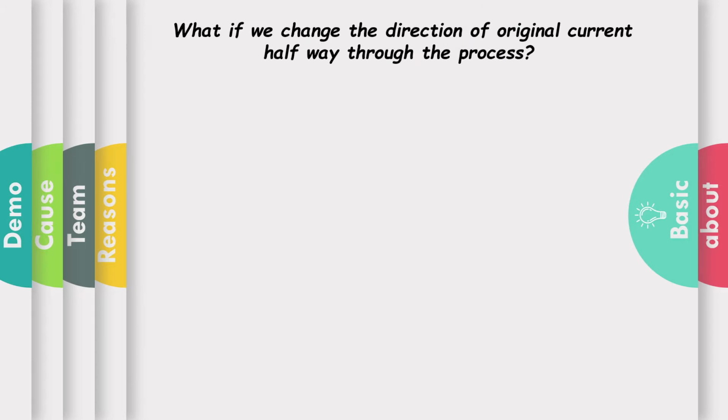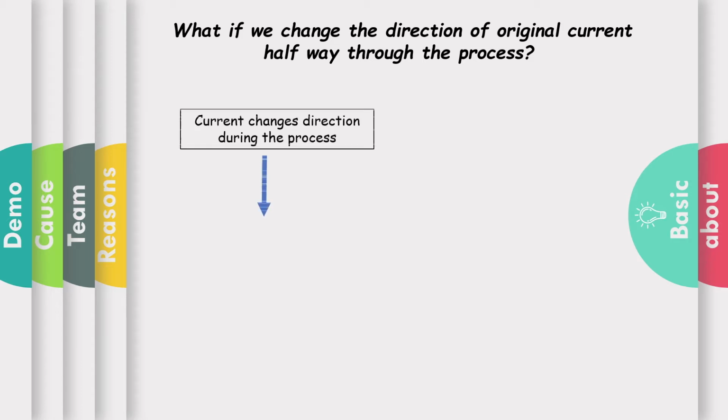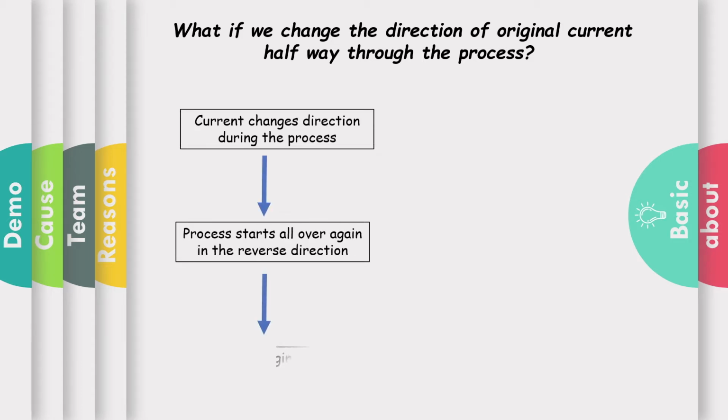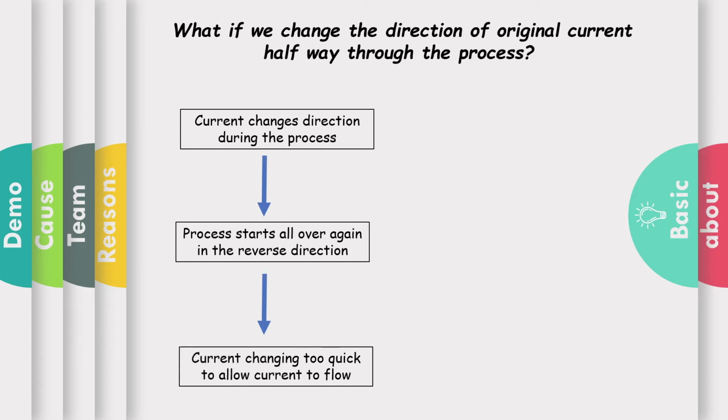Now let's see, what if we change the direction of our original current halfway through the process? Well, if we do that, this DC current will become an AC current. We change the direction of current, and the whole process will start all over again: we get a zero net current, and then the net current would increase gradually.